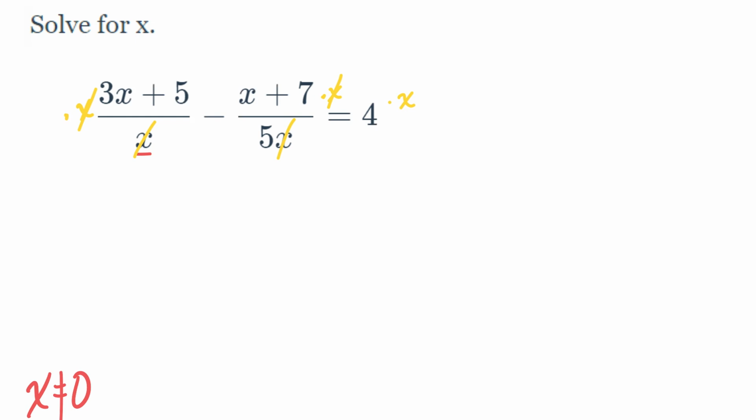So what we're going to do is, when we multiply times our x, instead of multiplying times x, we're going to multiply times 5x. And we can do that as long as we are consistent in our multiplication. So we're going to multiply everything times 5x instead of x. So when I said it's similar to a common denominator, this is what I meant.